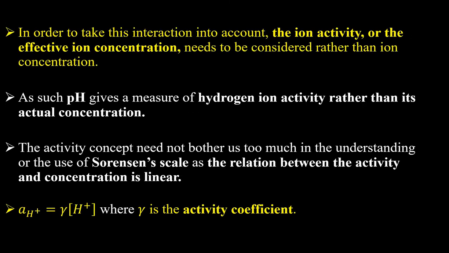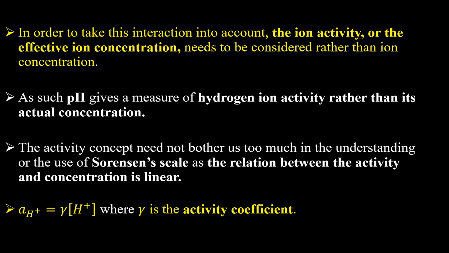In order to take this interaction into account, the ion activity or the effective ion concentration needs to be considered rather than only the ion concentration. As such, pH gives a measure of hydrogen ion activity rather than its actual concentration.